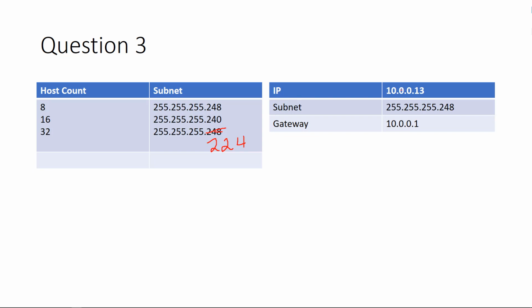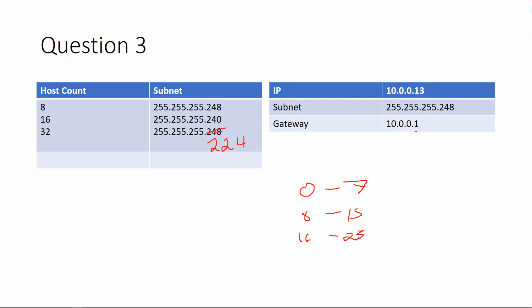So if we have something like this, we have an IP, our subnet, and our gateway. Our subnet will let us know that we're doing groups of 8, so between 0 and 7, 8 through 15, 16 through 23.